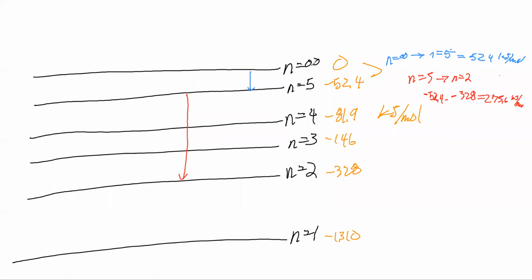n equals 4 to n equals 2 has a different transition. It's negative 81.9 minus a negative 328. And so it's giving me a change of 246.1.